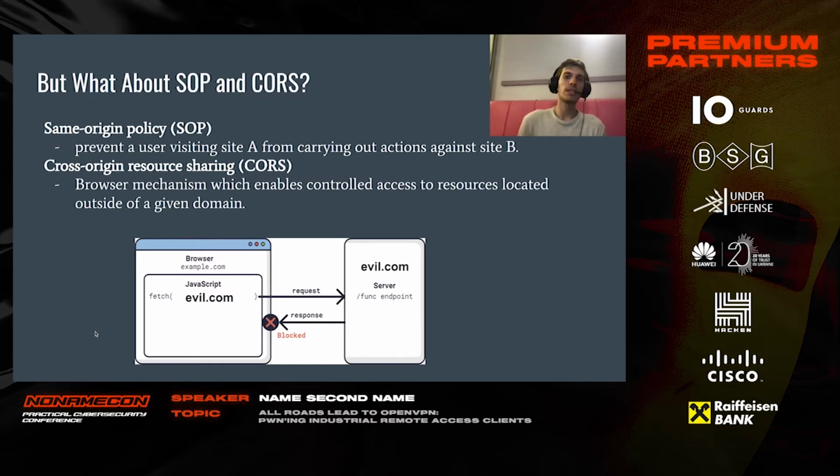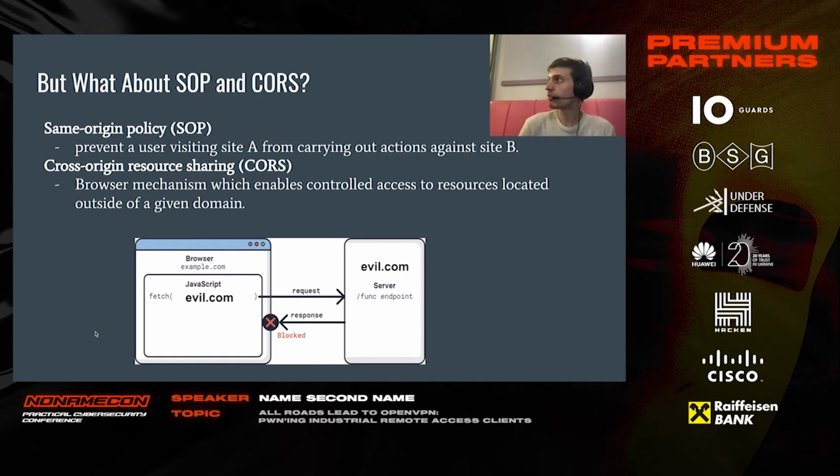So what it means is, if I'm visiting example.com, and let's say it's a malicious website which has a script to fetch data from evil.com, the browser will enforce the same-origin policy, which will prevent the web page from getting data from evil.com.